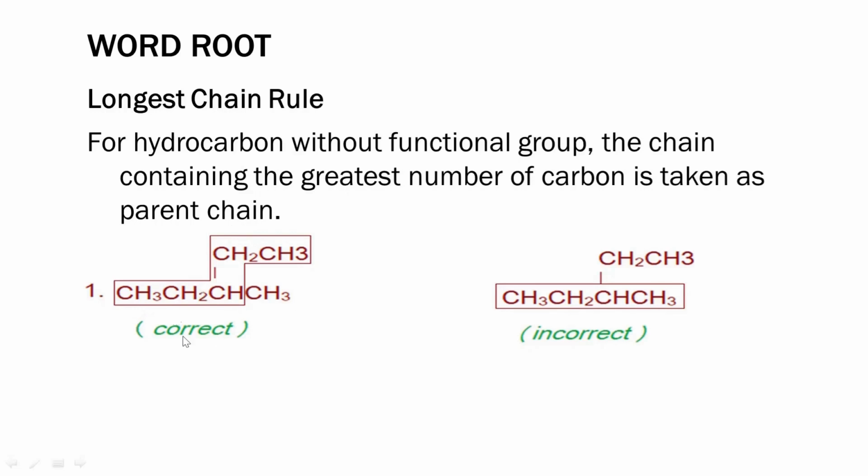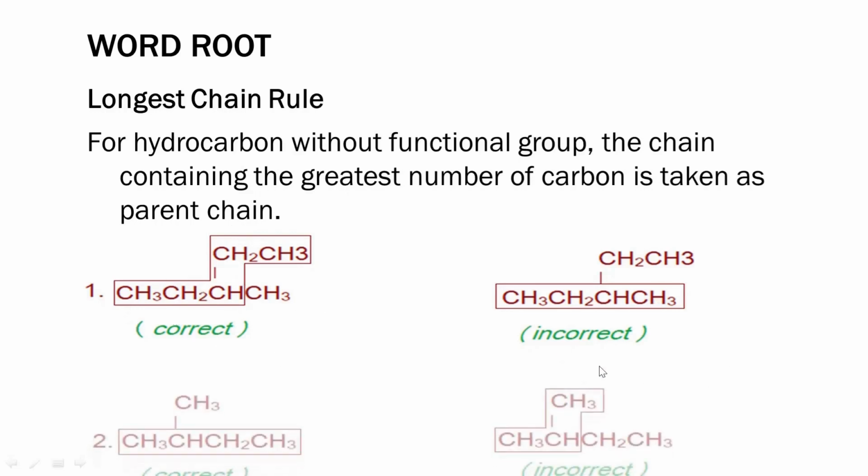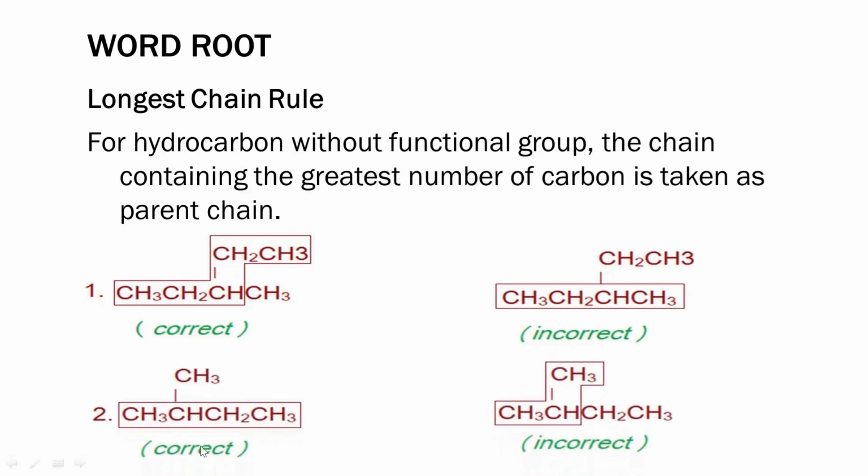That's why this is a correct selection, and this is an incorrect selection. Similarly, in this case, CH3, CH, CH2, CH3. This chain contains 1, 2, 3, 4, and when we go through like this, 1, 2, 3, this chain contains only 3. That's why this becomes an incorrect selection, and this becomes the correct selection.